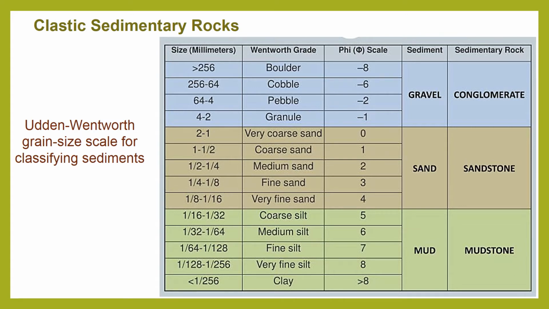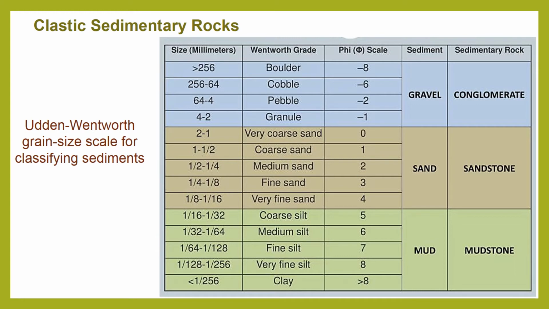And on the right two columns you will see the sediment, from more than 256 millimeters down to 2 millimeters. We call them gravel, and the representative rock of this sediment is a rock called conglomerate.